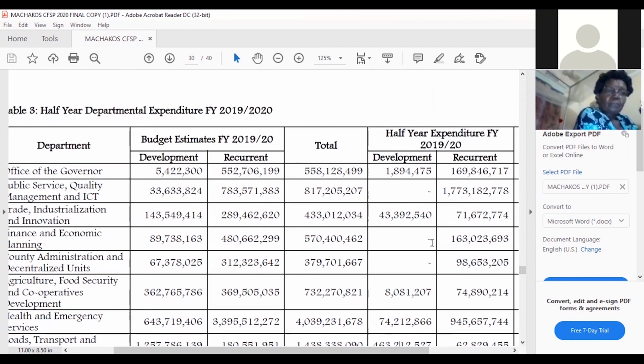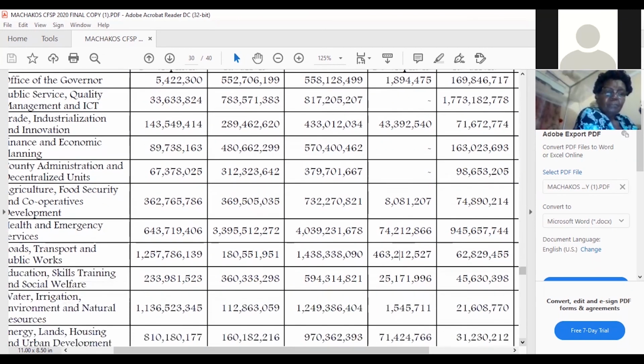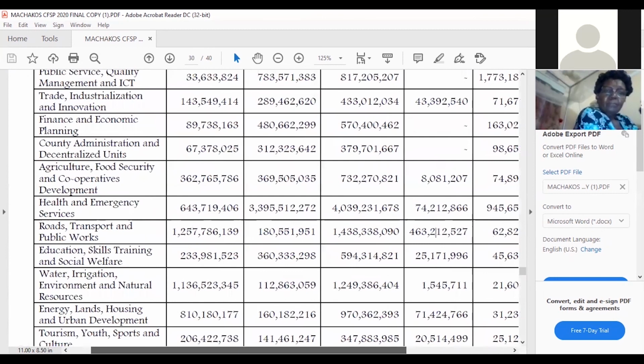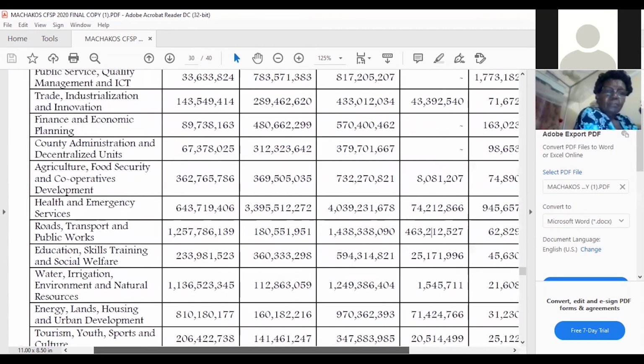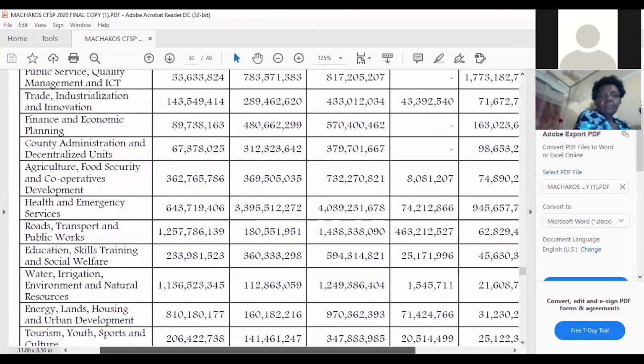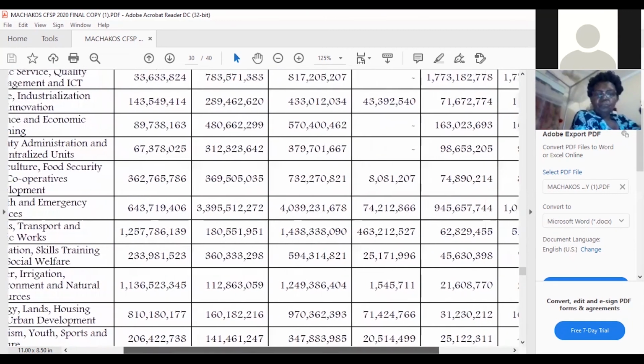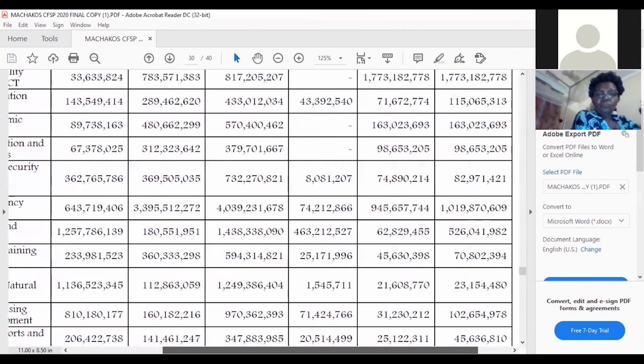So we will be looking at this half-year so that we can see whether the county is indeed prioritizing, okay? Even water and irrigation, development 1 billion, but when it comes to the first 6 months, you find it is getting 1 million.